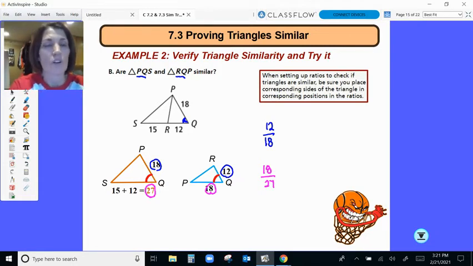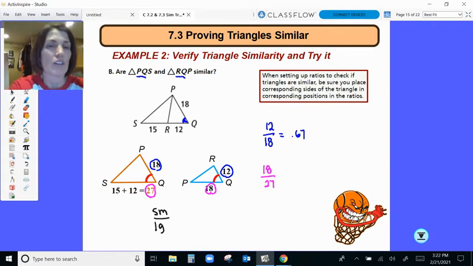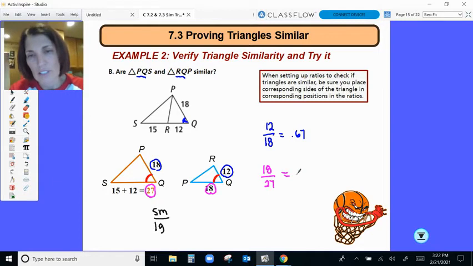Now I'm doing the small triangle to the big triangle. That's important: you have to keep the same ratio. You could do large to small as long as you're doing it the same. So 12 over 18 is 0.67 again. And this ratio here, 18 over 27, is also 0.67.